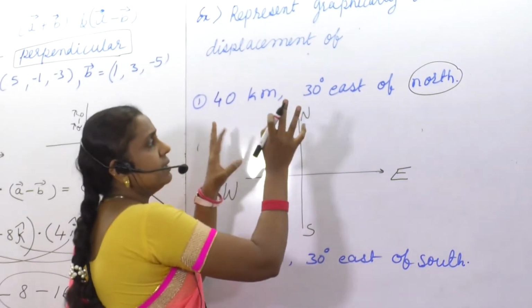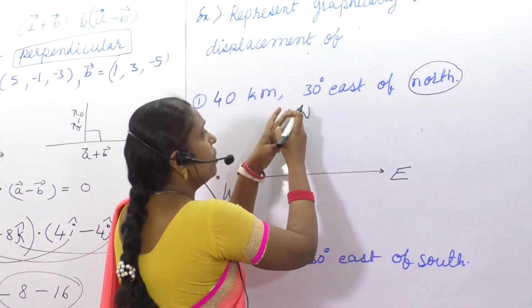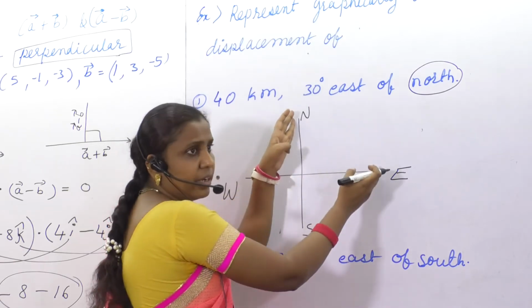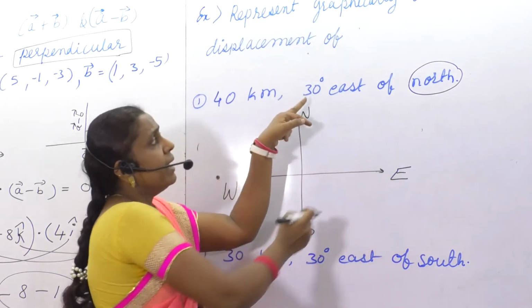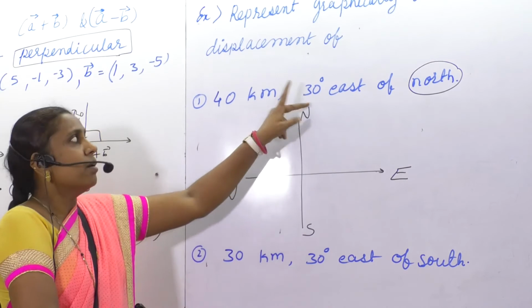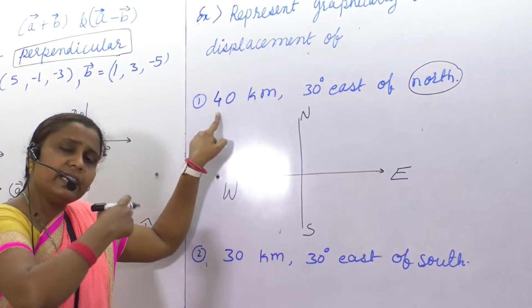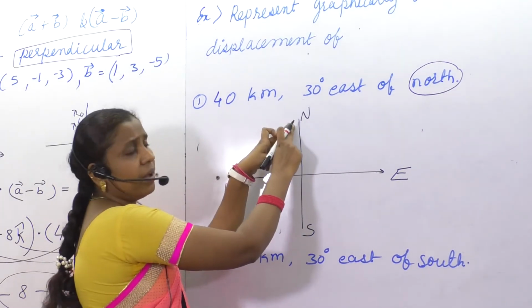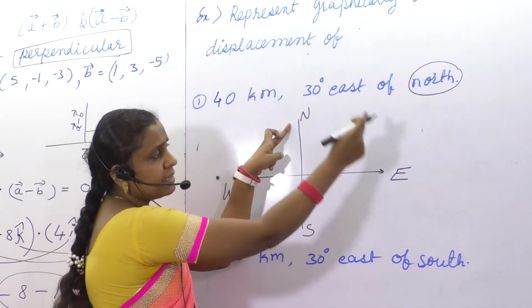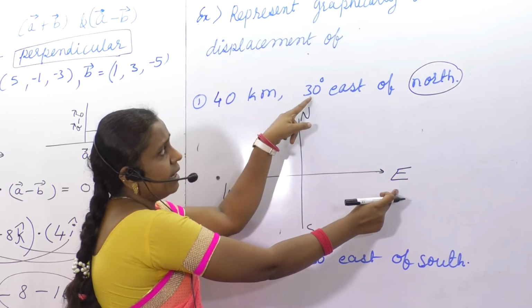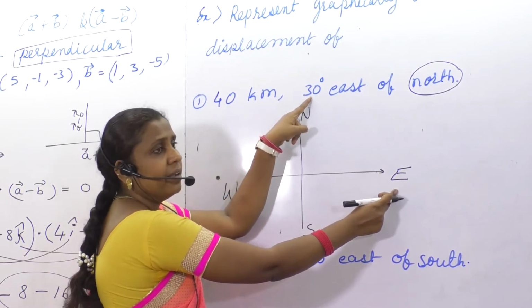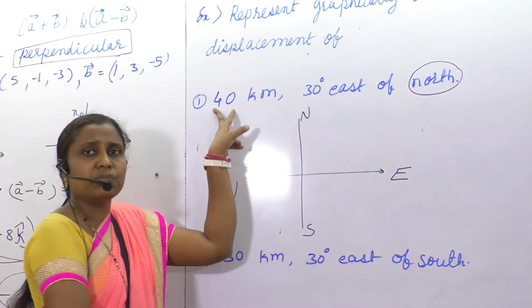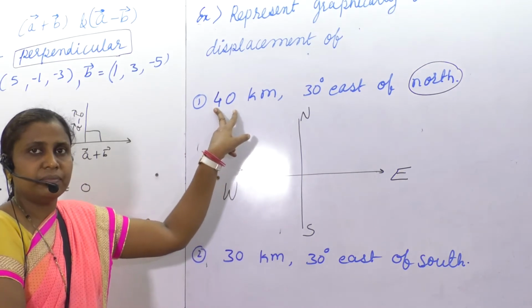How to consider east of north: from north going towards east, making 30 degrees, for up to 40 kilometers distance. Okay, let me repeat. From north going towards east at a 30° angle, about a distance of 40 kilometers.